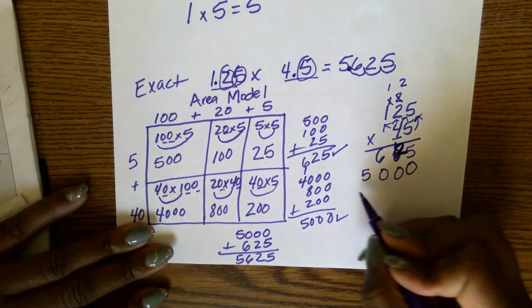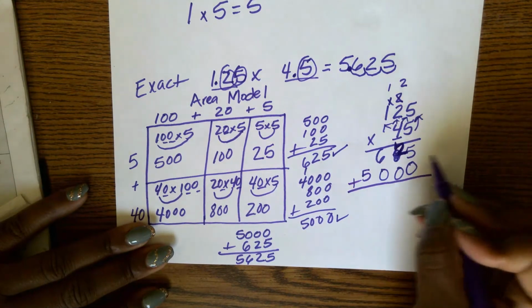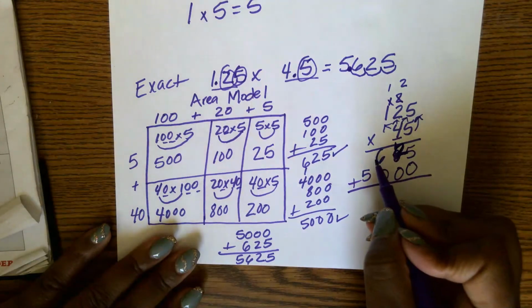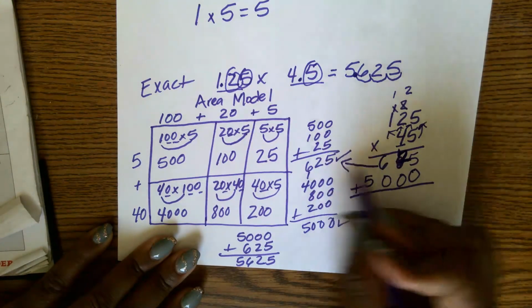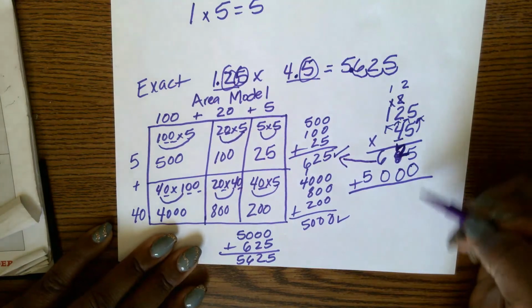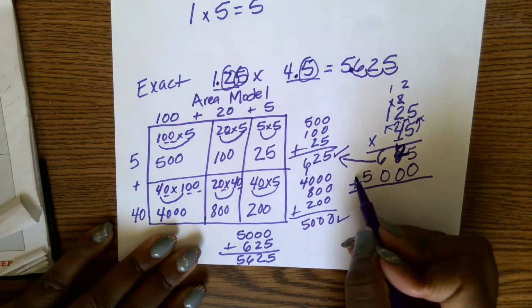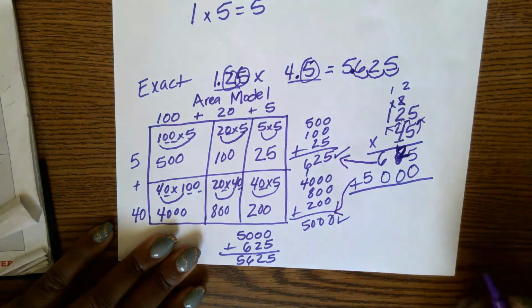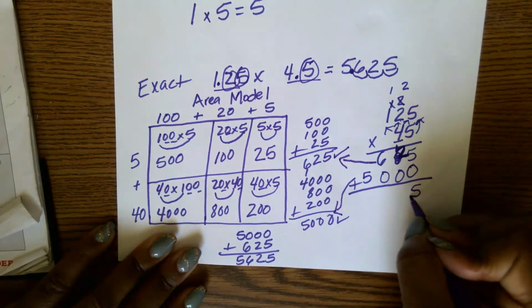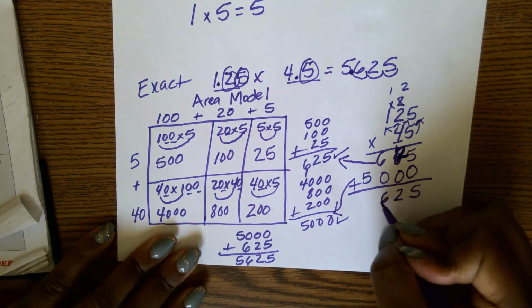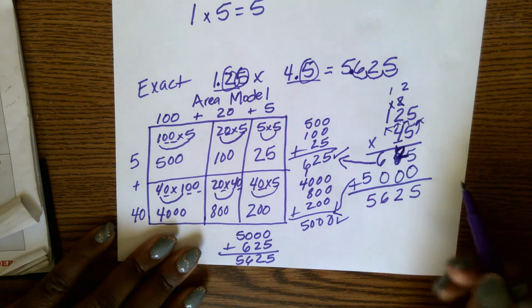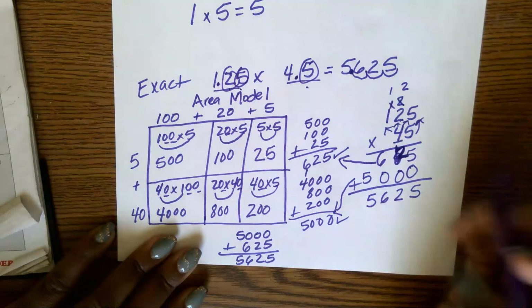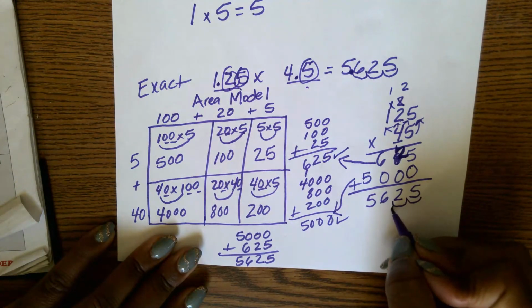And so what you'll see, I made a mistake right there, but what you'll see is that the partial products that I have right here in the standard algorithm, the way we were taught how to do this, they match the partial products of the area model. And so even though it is a very strange thing to look at when you have been taught so differently, you still arrive at the same answer, and so it takes longer.